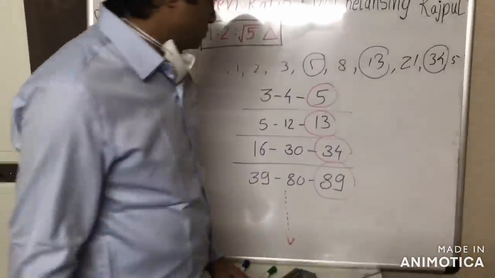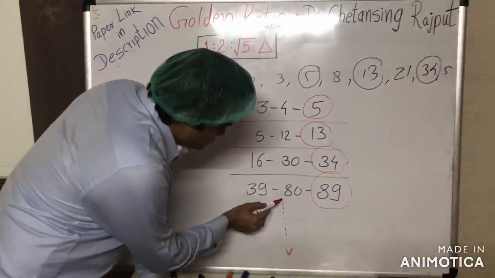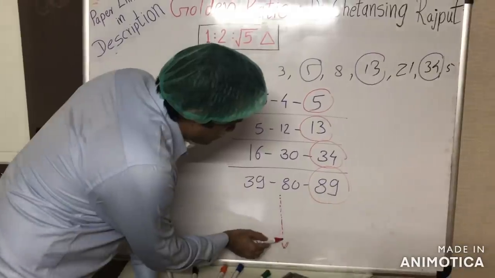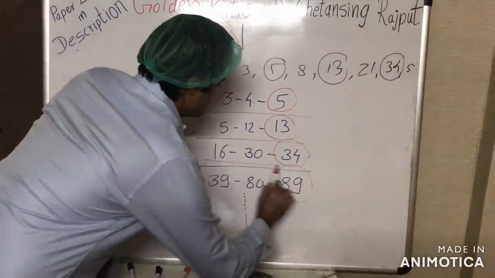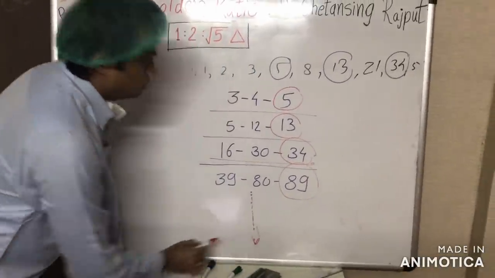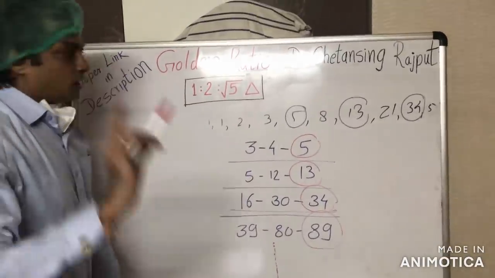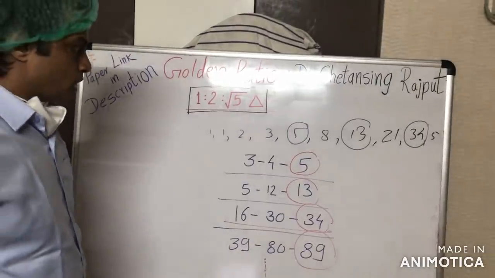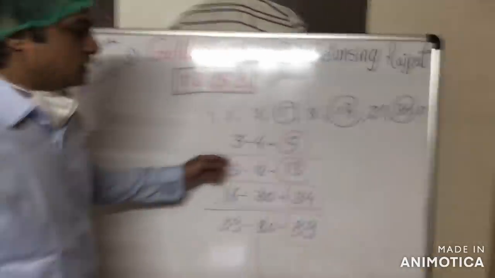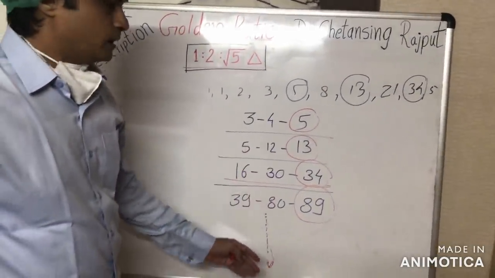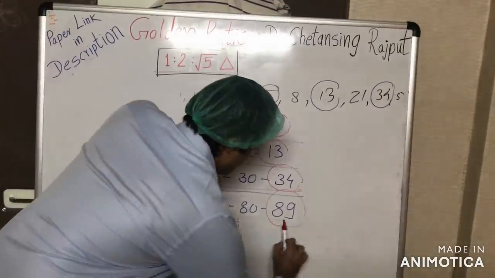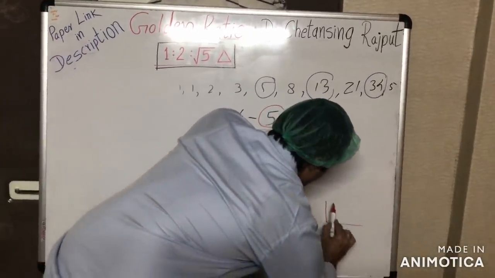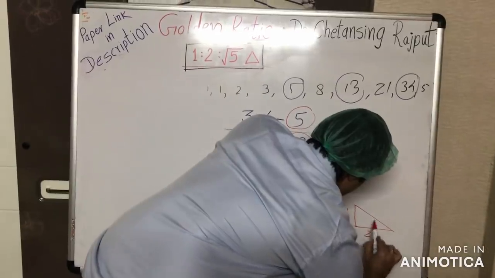And the most interesting thing is, as such a series of Pythagorean triples advances, these triples approach the ratio of the 1 to root 5 triangle. As the series advances, the triple attains the ratio of 1 to root 5.